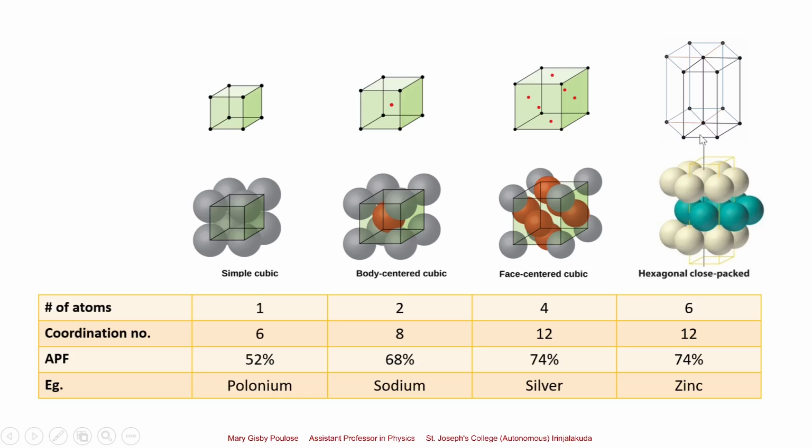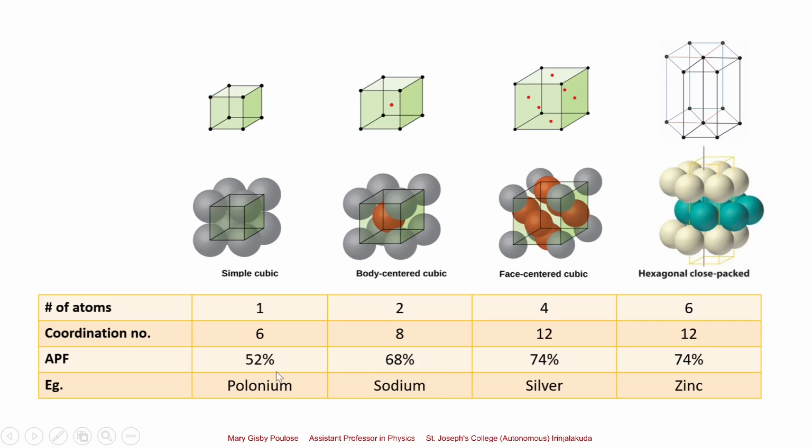The number of atoms is 1 for the simple cubic, 2 in the body-centered, 4 in the face-centered, and 6 in the hexagonal close packed unit cell. Coordination number is 6 for the simple cubic, 8 for the body-centered unit cell, 12 for the face-centered unit cell, and 12 again for the hexagonal close packed unit cell.